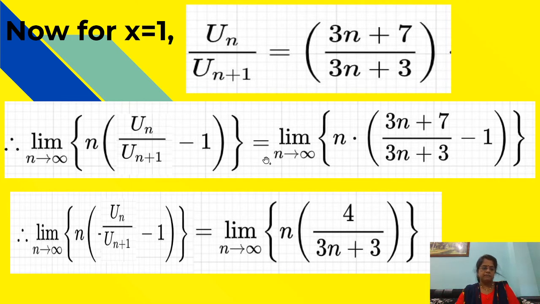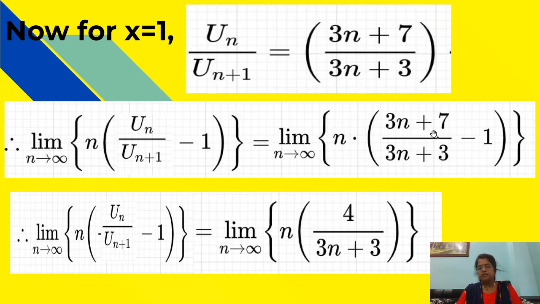equal to 1. Now consider limit n tends to infinity, n into un upon un plus 1 minus 1, which is equal to limit n tends to infinity n into 3n plus 7 upon 3n plus 3 minus 1. Now here we will take the LCM as 3n plus 3.